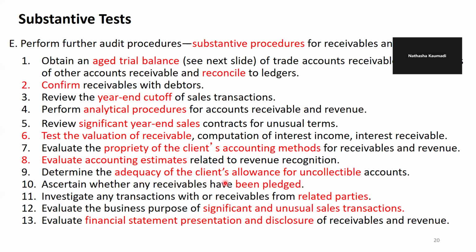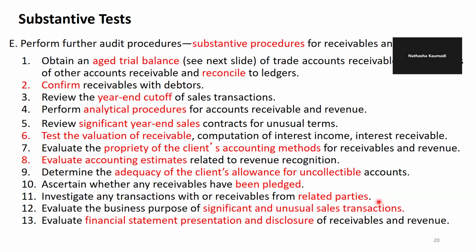Ascertain whether any receivables have been pledged. If pledged for other purposes, you need to mention them. Investigate any transaction with or receivable from related parties. Now, there can be related parties in an organization. Subsidiary companies can be related parties.